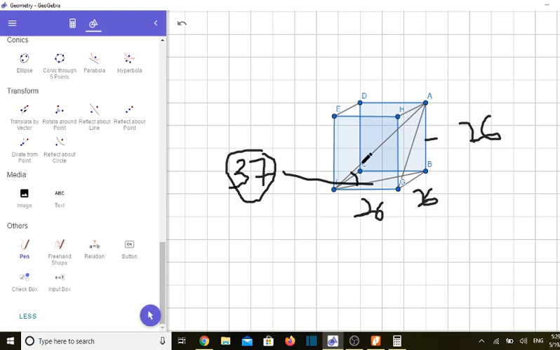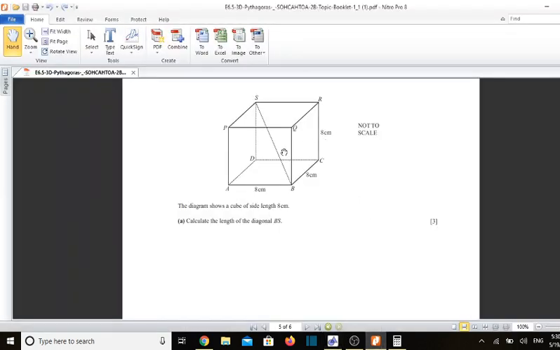Here we didn't find the length of this side, but we can using Pythagoras theorem, because we have the length of base, we have the length of perpendicular, so we can find the length of hypotenuse. So you can find the length of hypotenuse in this question using the same technique. And when you have the length of this side, you can use either perpendicular to find the angle that is over here, or you can find the length of this side and use these two and find the missing angle.